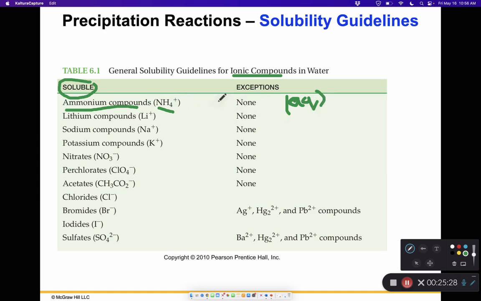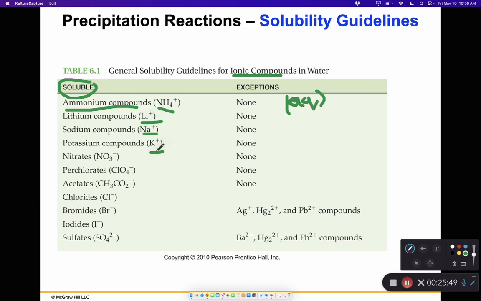Similarly, if ionic compounds have lithium, sodium, or potassium, all of these are from the first column of the periodic table. If you look at the periodic table, all of them are group 1, alkali metals.